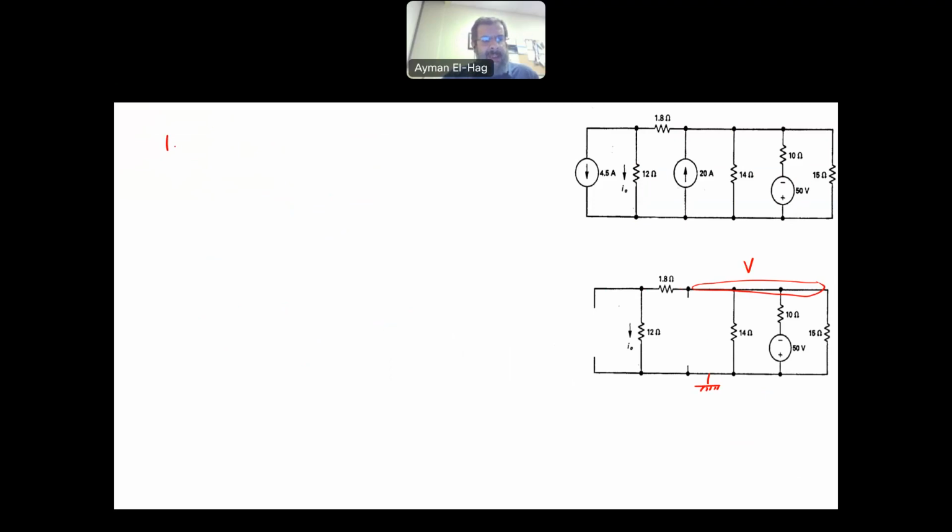So KCL at the node V. The currents are leaving. This current is leaving, so it is V minus 0 over 12 plus 1.8, which is 13.8, plus the current that goes down here, V over 14, plus the current that goes here, V minus 50.